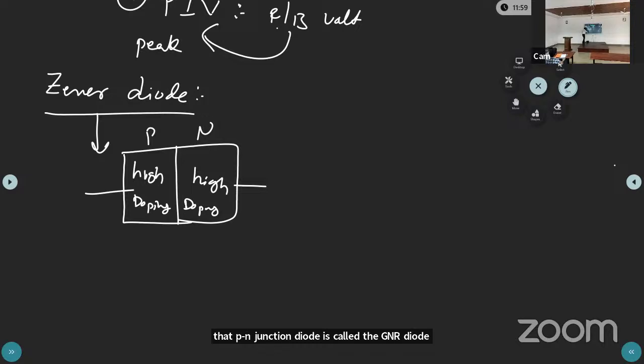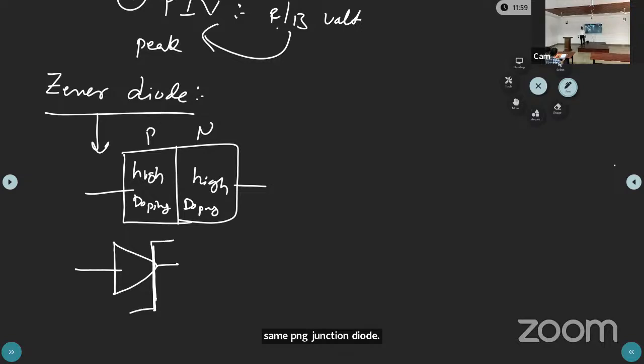Now the symbol of this Zener diode is the same as the PN junction diode, but the difference is the Z. In some textbooks, the Z is drawn in the forward direction, but it is better to take the Z in the reverse direction.